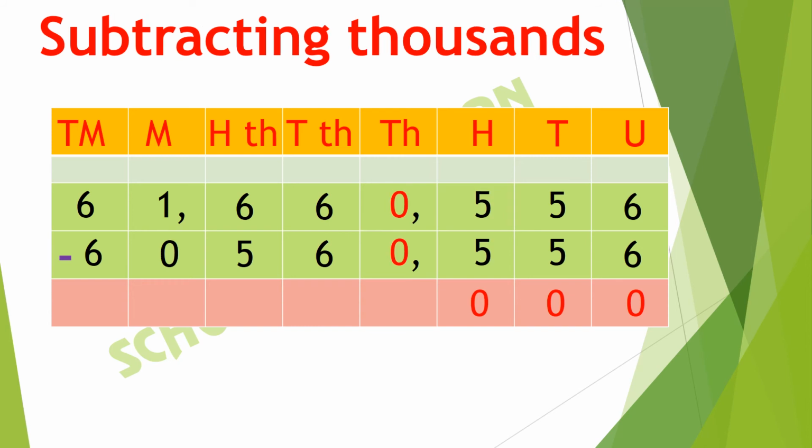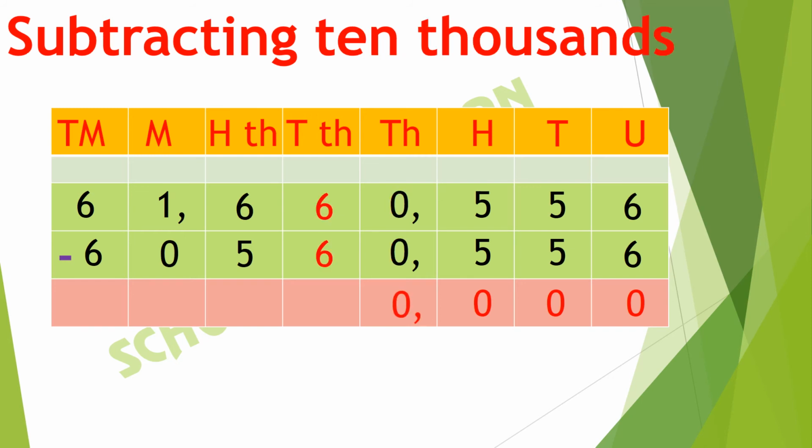Now we will move towards the thousands. From 0, if we subtract 0, we get 0. If we subtract 6 10,000s from 6 10,000s, we are left with 0. Now we will subtract 100,000s.